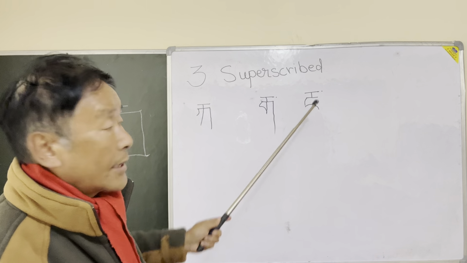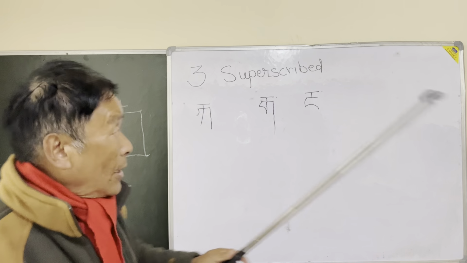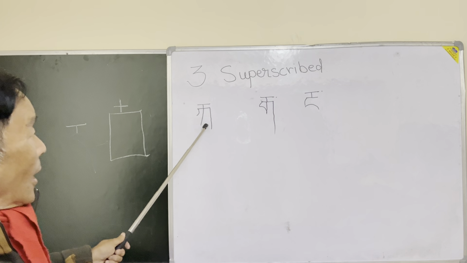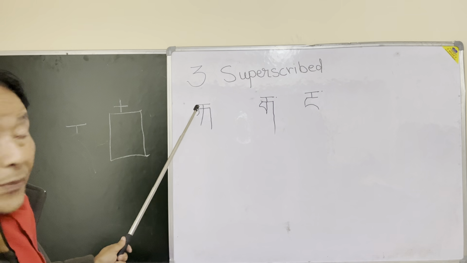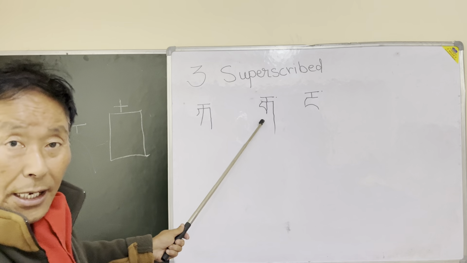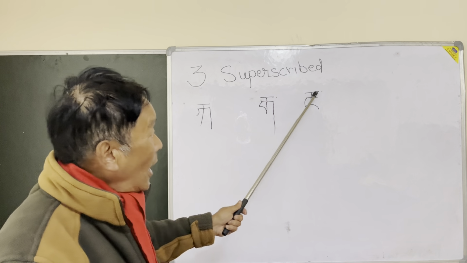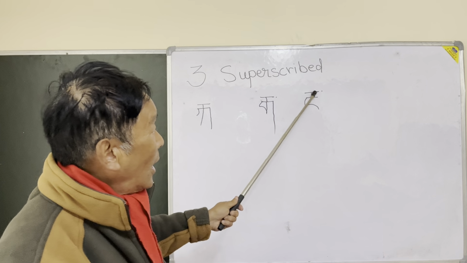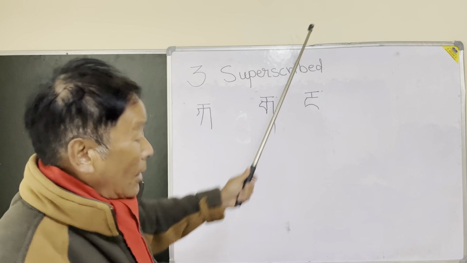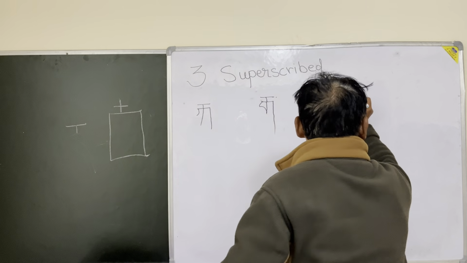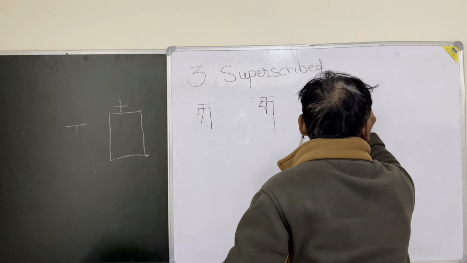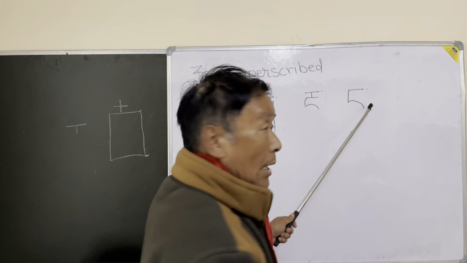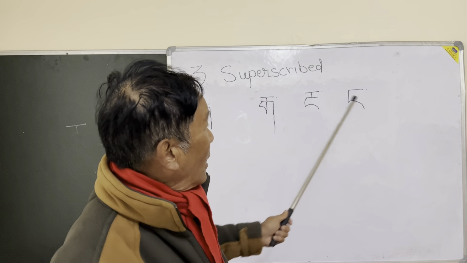Ra, Ta, Tak, Ka, no change. Ra, Ga, Tak, Ga, no change. Ra, Nga, Tak, Nga, high tone. If you don't have the superscript Ra, then this is Nga.